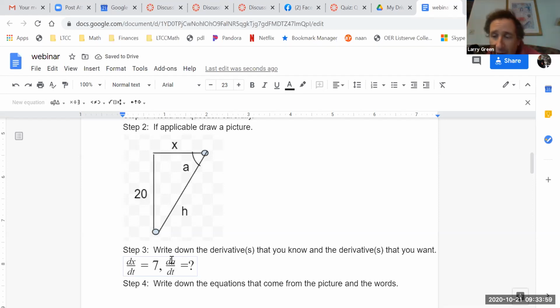Okay. How fast is time? It's always per second when you're doing fast, right? Meters per second, or in this case, radians per second because it's an angle. And the angle is A. So I'm going to write dx dt is equal to 7, dA dt equals question mark. So let me ask you, is there anyone that doesn't understand how I got that?